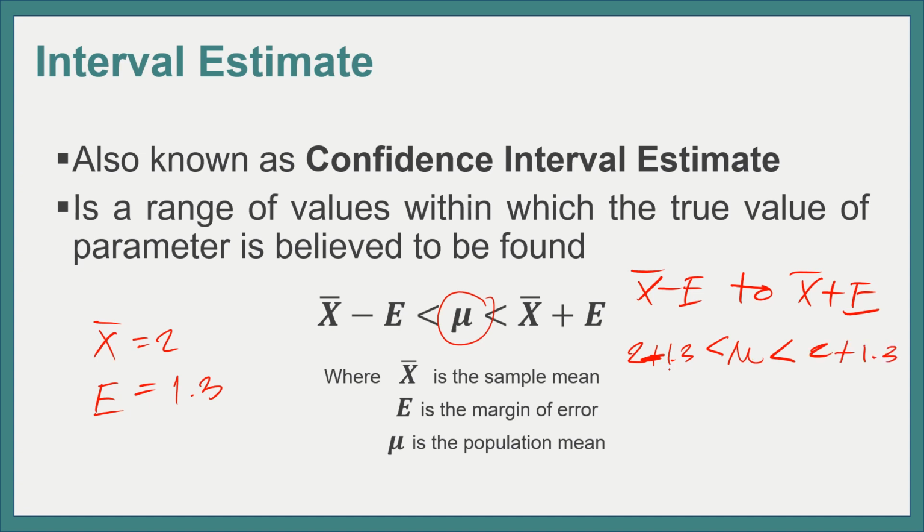So 2 minus 1.3 will give us 0.7, and then 2 plus 1.3 will give us 3.3.